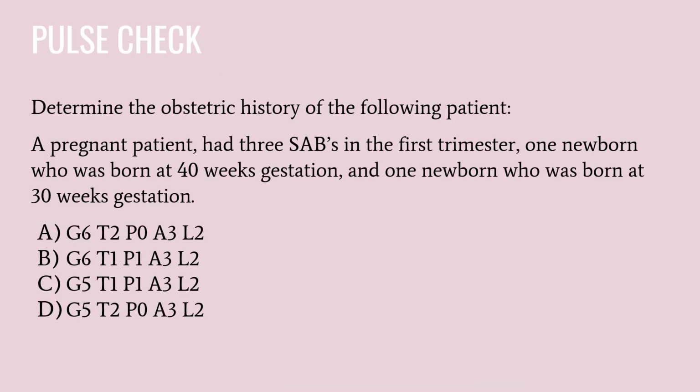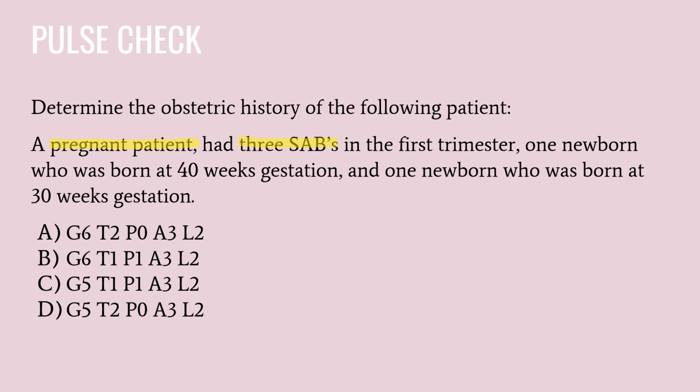Pulse check. Please note I'm providing a less tedious scenario in this lecture. However, you will receive more scenarios in your upcoming active learning session. Please determine the obstetrical history of the following patient in this scenario. A pregnant patient, so the patient is currently pregnant, had 3 spontaneous abortions in the first trimester.